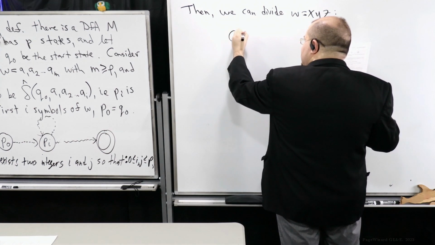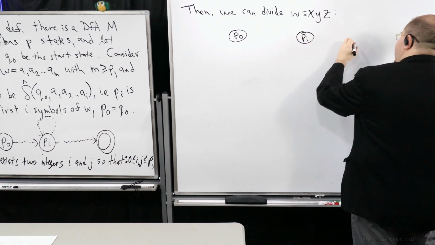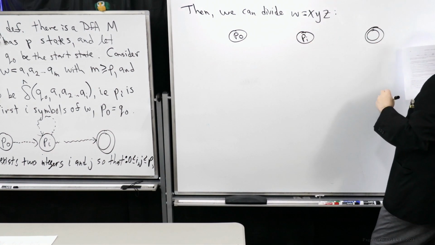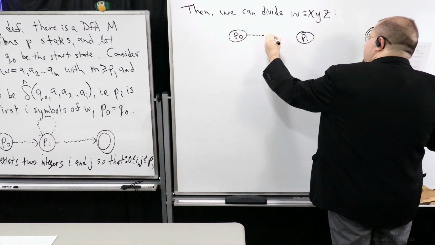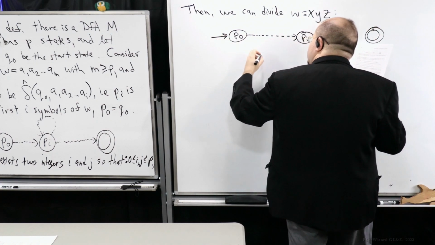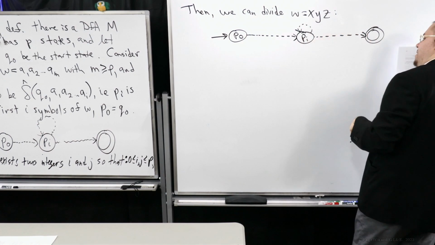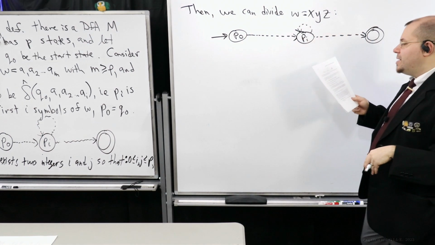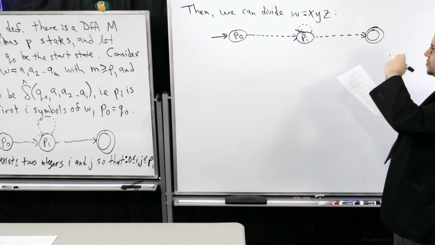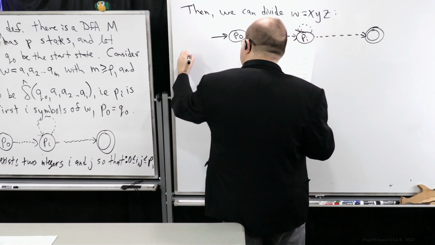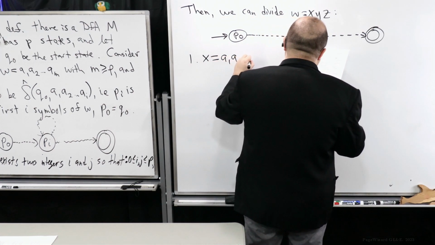So I had P0, I have Pi, and I have some final state. Some stuff happens after I approach P0, and then I get over here, right? So what can we say here? Well, let me write out what x, y, and z might be. So let's check this out. x is A1, A2, all the way up to Ai.